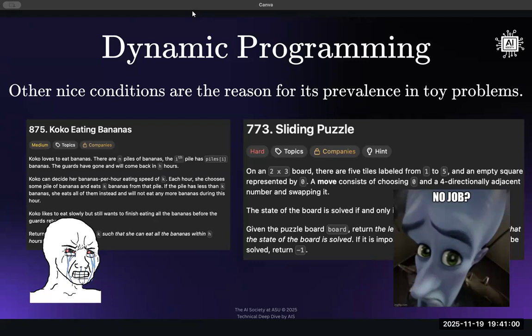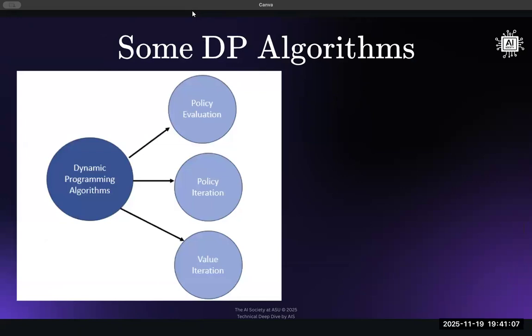And in particular, there's something called an optimal substructure that dynamic programming relies on. So optimal substructure would be if you have the optimal solutions to subproblems of a bigger problem, then you can find the optimal solution to the bigger problem, which is what gives dynamic programming all this leverage.